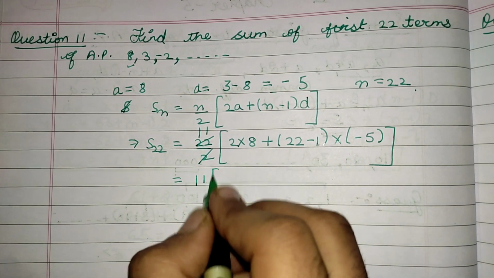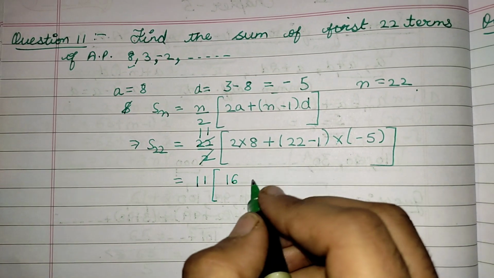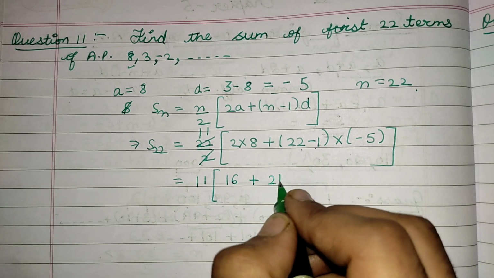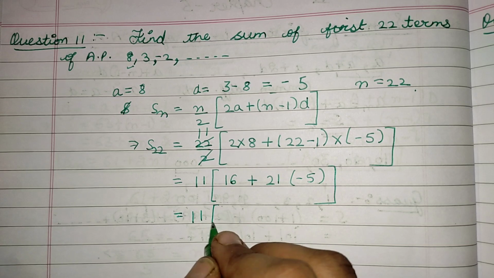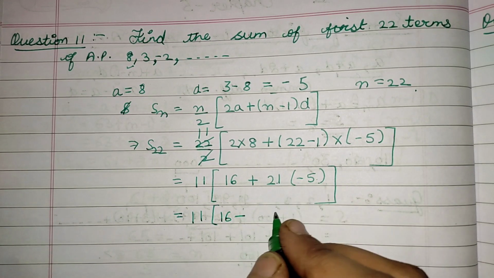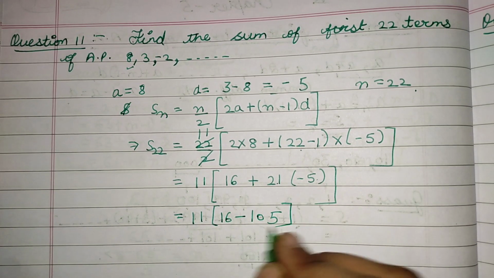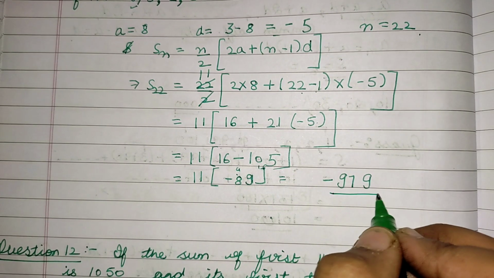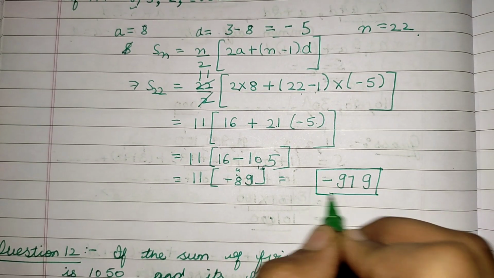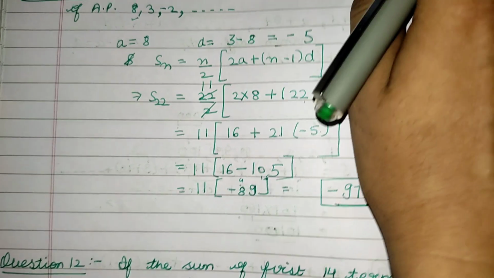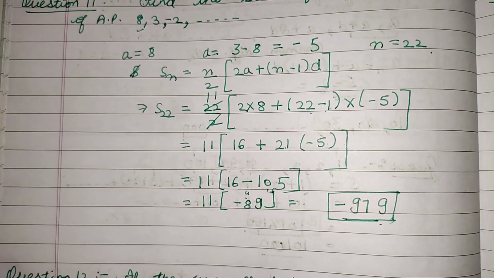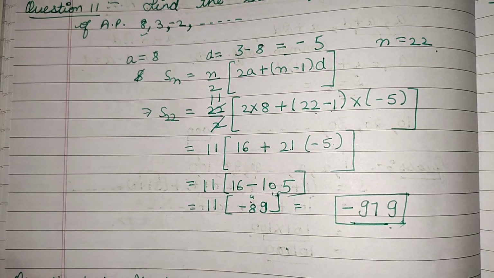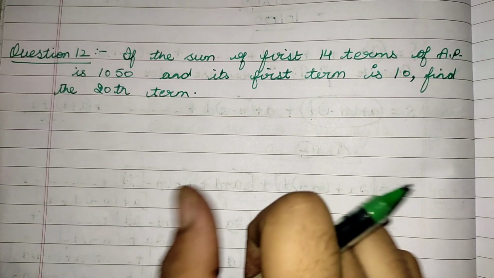I will get 11 into 16 plus 21 into minus 5. So my answer will be 11 into 16 minus 5 ones the 5, 5 twos the 10. So my answer will be minus 979. So the sum of the first 22 terms of this AP will be negative and it will be equal to minus 979. Right.